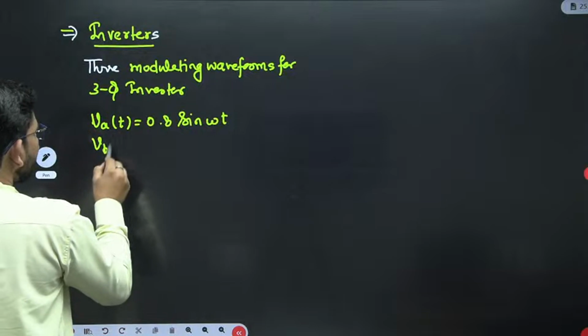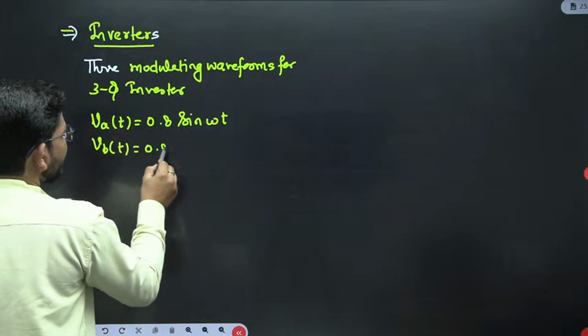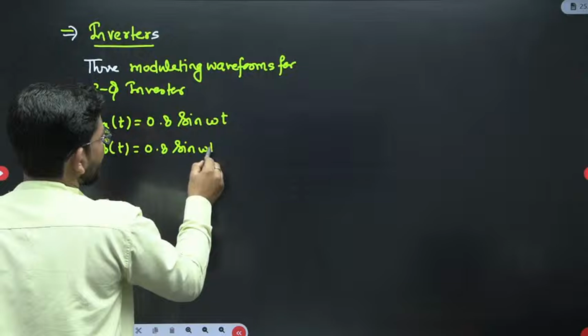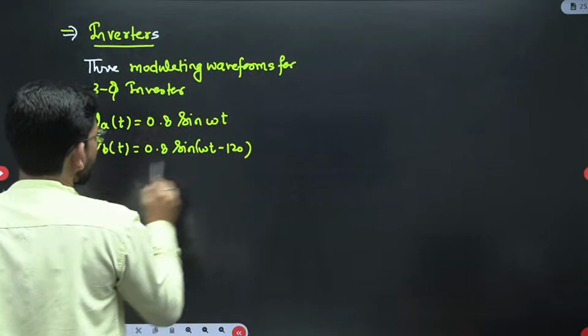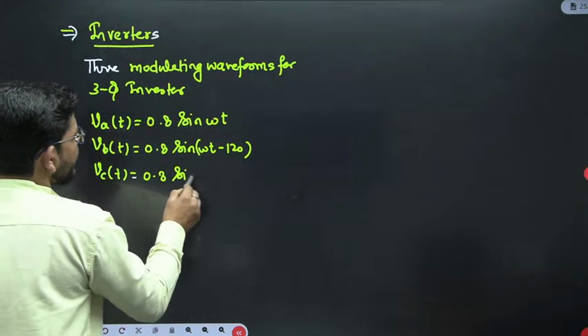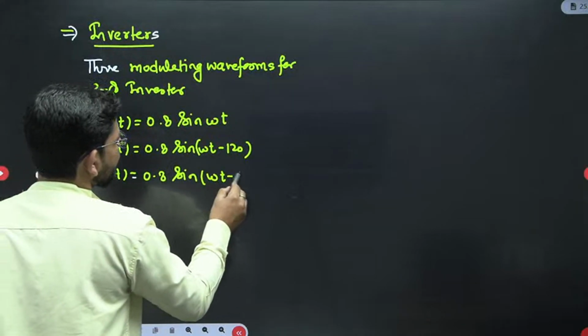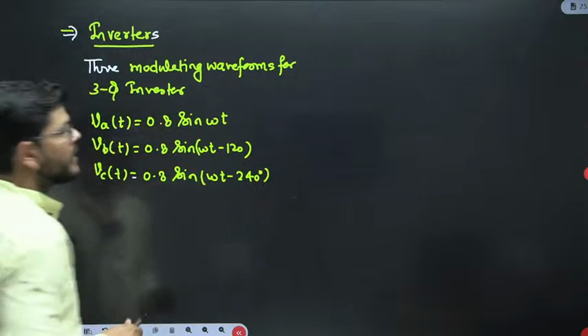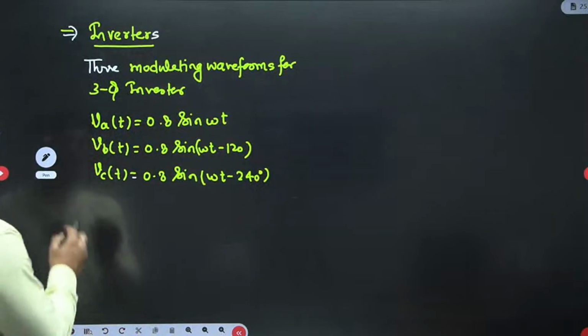Next is VB, that was 0.8 sine omega t minus 120. The next waveform was 0.8 sine omega t minus 240 degree. These were the three modulating waveforms, right?